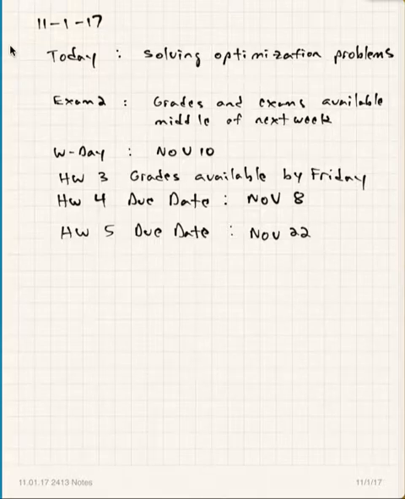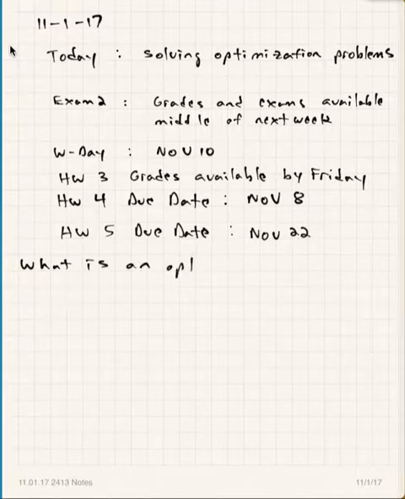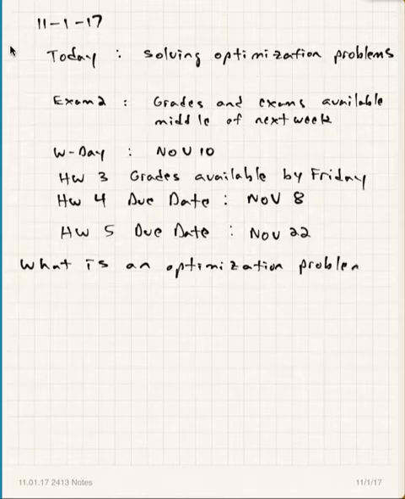All right, so today what we want to do is talk about solving optimization problems. First thing is, what is an optimization problem? Once we talk about that, we will be ready to actually solve them, and we're going to write out a method for doing that. So first of all, what is an optimization problem?